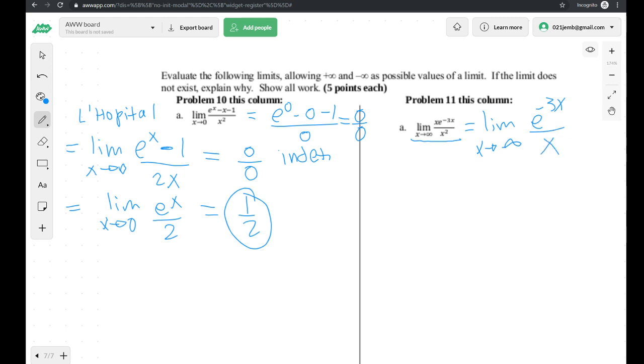That's going to be 0 over infinity. e to the negative 3x, when you substitute x by infinity, you get 1 over e to the infinity, which is 0, and 0 over infinity is just 0. So that's going to be 0.